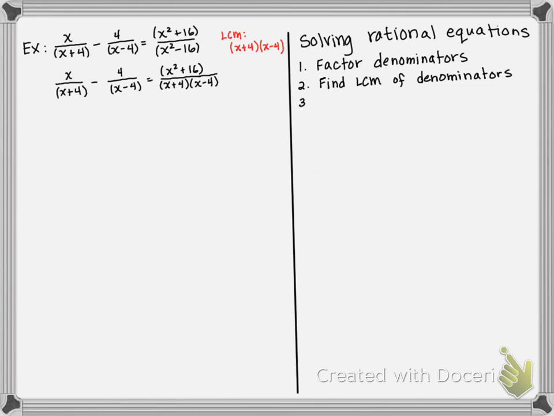The next step is to find what we call restricted values. You're going to take your LCM and set it not equal to 0. We're doing not equal because we're finding the values that x cannot be. Right? X cannot be anything that makes a denominator equal to 0.